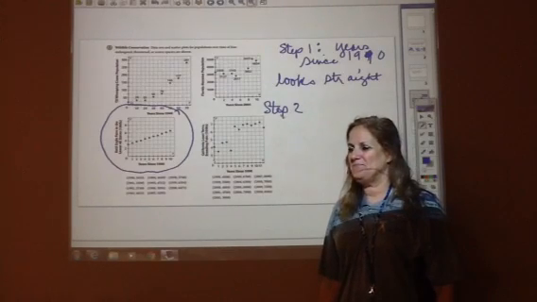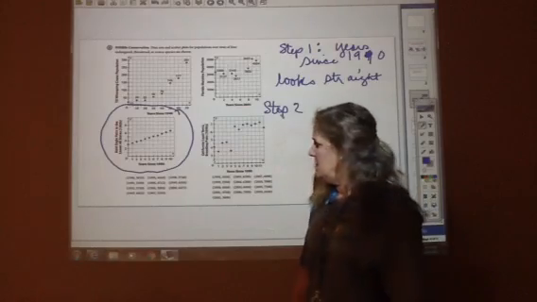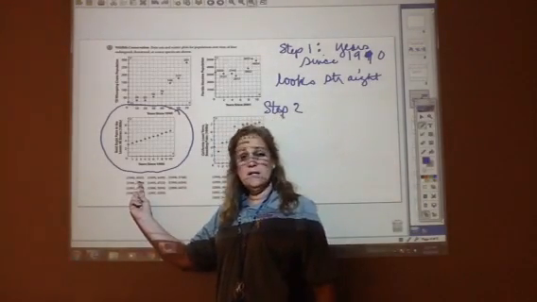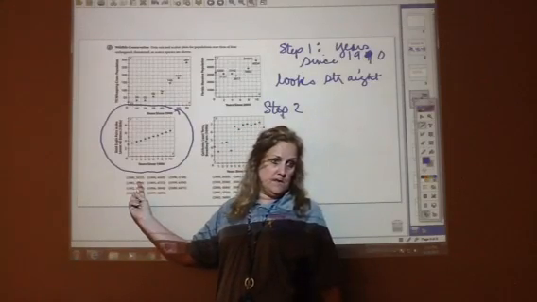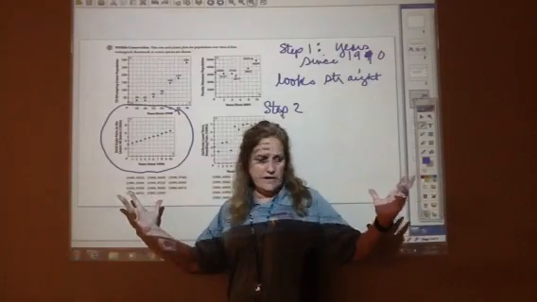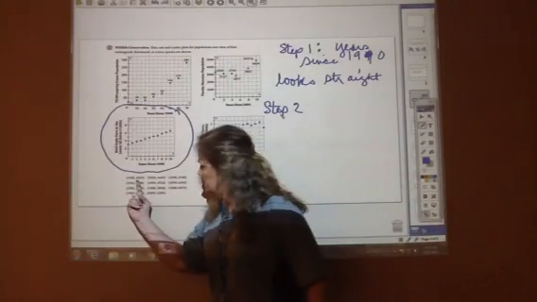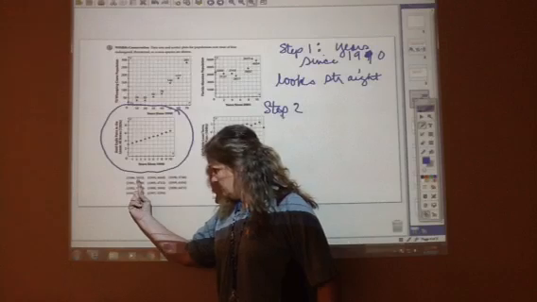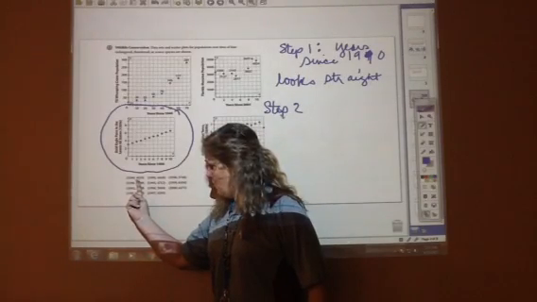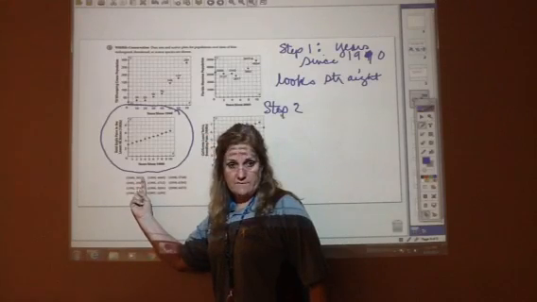List 2. If your numbers are bigger than 1,000, which these are, let's change them to decimals. Otherwise, we're going to have to set our windows so big that it's going to be hard to read on our calculator. So this says 3,035. Let's make it 3.035.